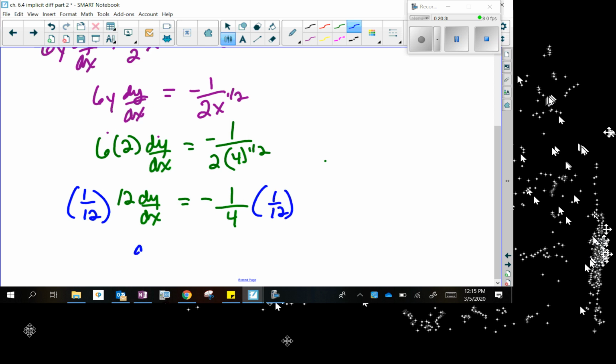So dy/dx, I swear it all comes down to fractions. I don't care how hard the math gets, it's the fractions that mess with everybody. So dy/dx equals what, Palmer? Beautiful. So that is our slope.